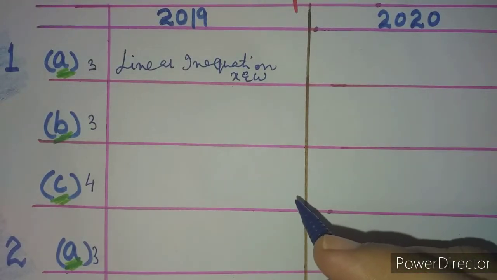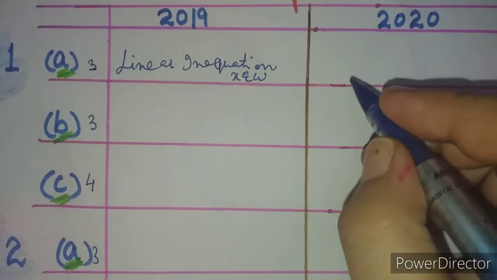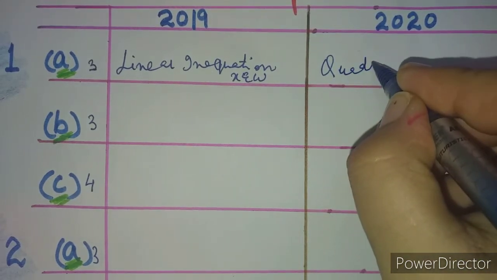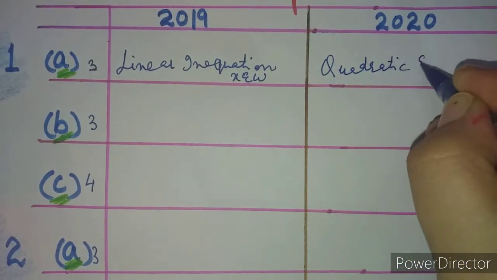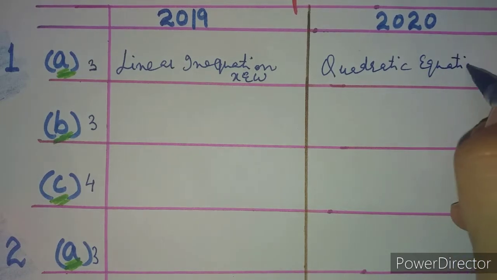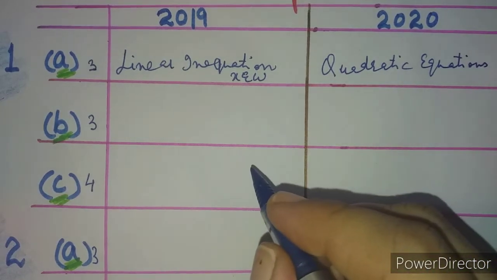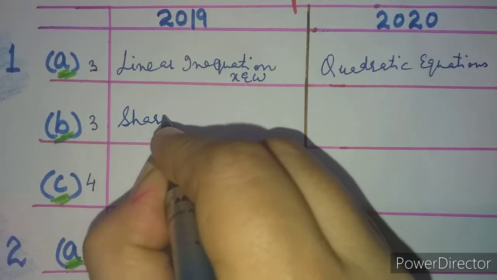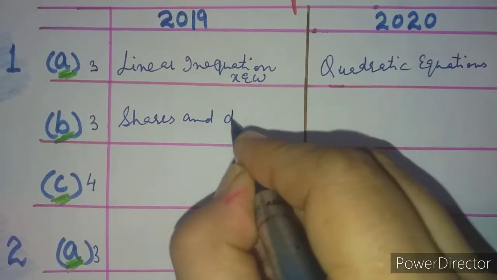Then in 2020, question 1 part A was a simple question from quadratic equations. Question number 1 part B in 2019 was from shares and dividend.